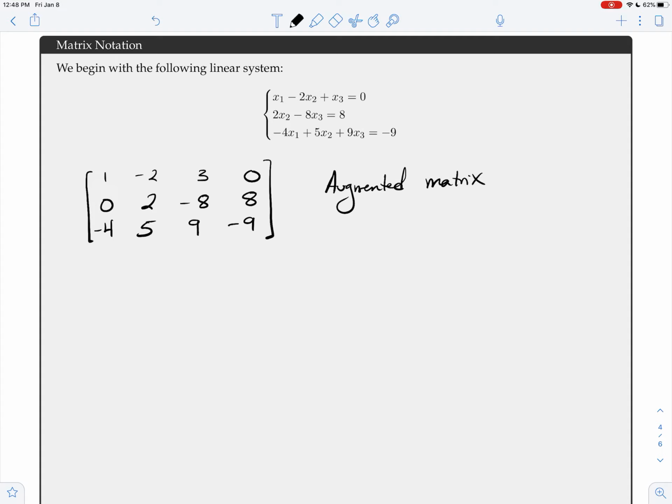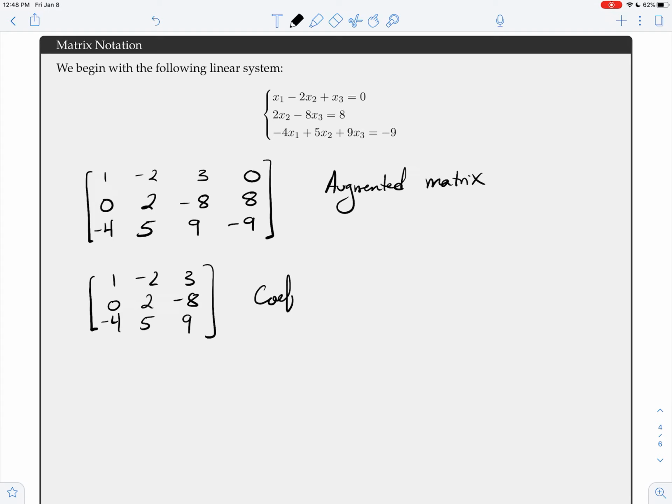You can also talk about the coefficient matrix. The coefficient matrix would just be the matrix of coefficients. So it would be all the coefficients on this side, not including the constants 0, 8, and -9. Let's write it down. So this would be 1, -2, 3, 0, 2, -8, -4, 5, and 9.